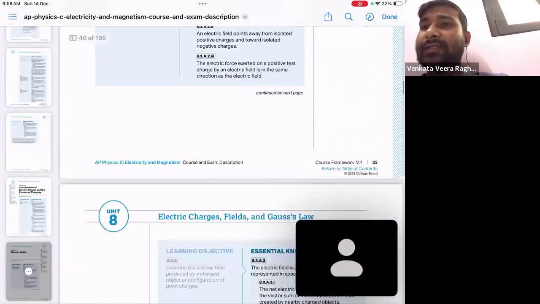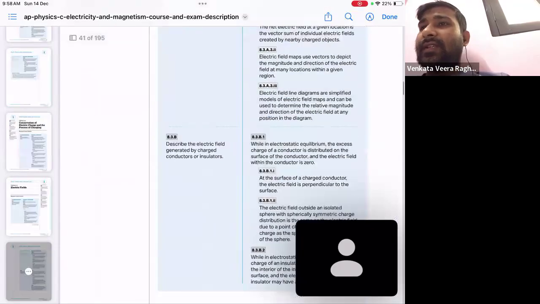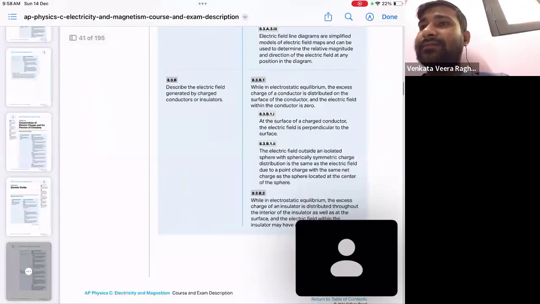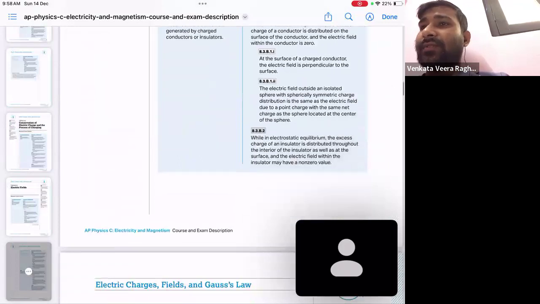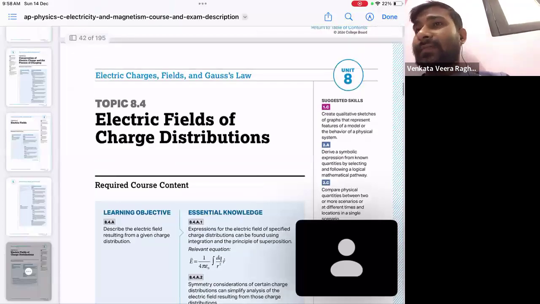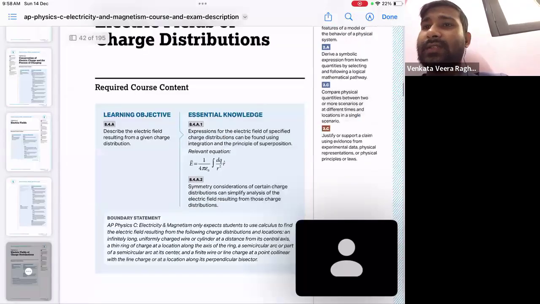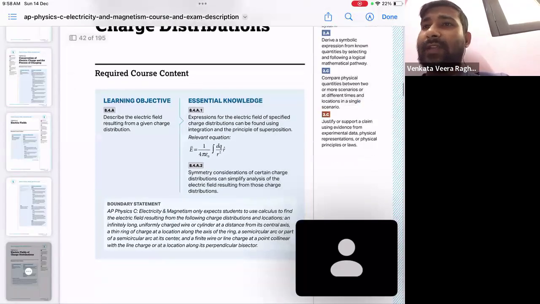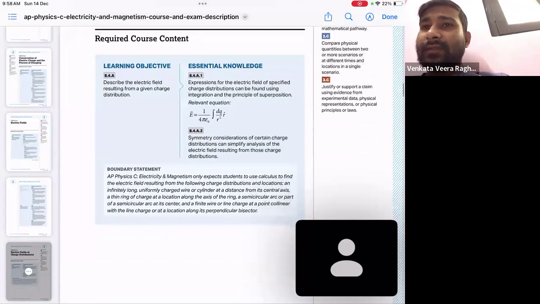Electric field is a vector quantity, right? In electrostatic equilibrium, outside a sphere. This we will discuss with the help of Gauss law. Okay, you see, electric field for a given charge distribution. Many times we have discussed all the types.